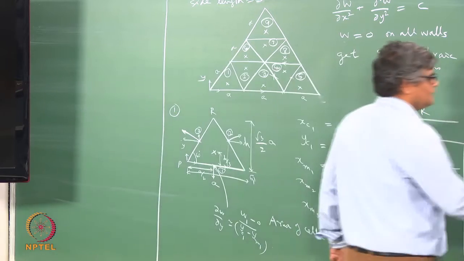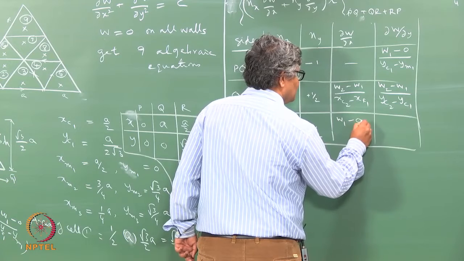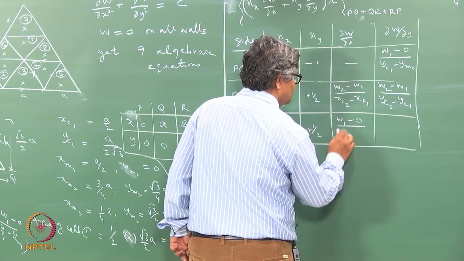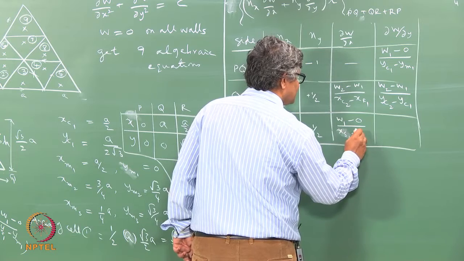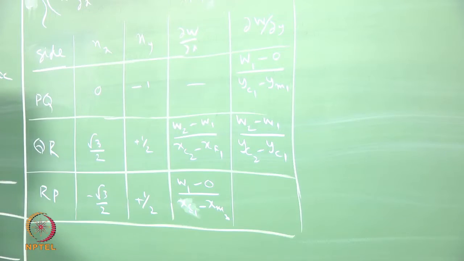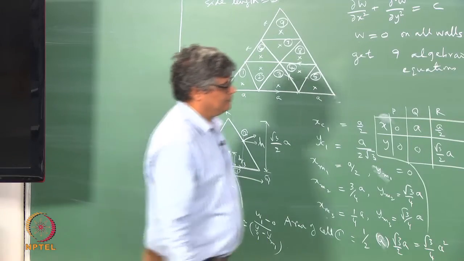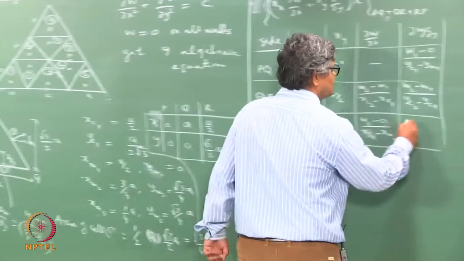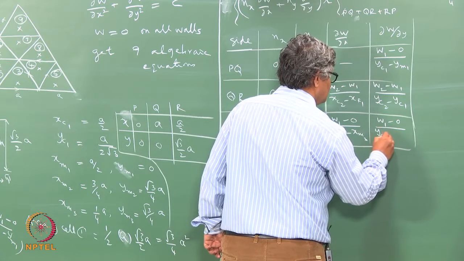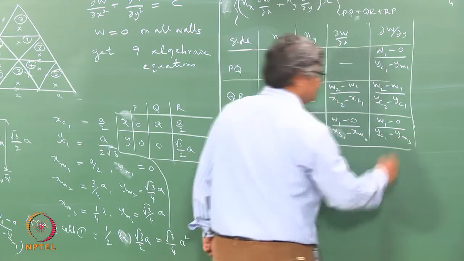So we can say that this is equal to w1 minus 0 divided by xc1 minus xm3, that is the third point here, because that is the third face. And similarly, this is w1 minus 0 divided by yc1 minus ym3.